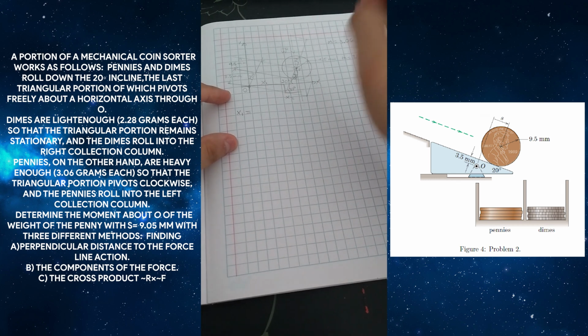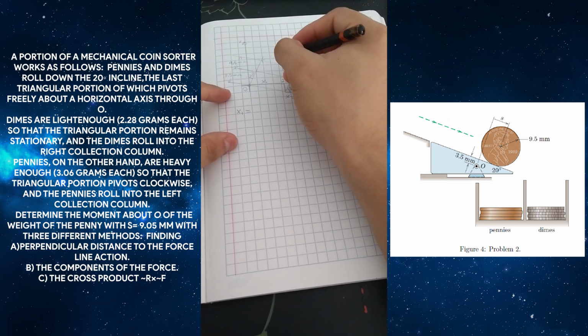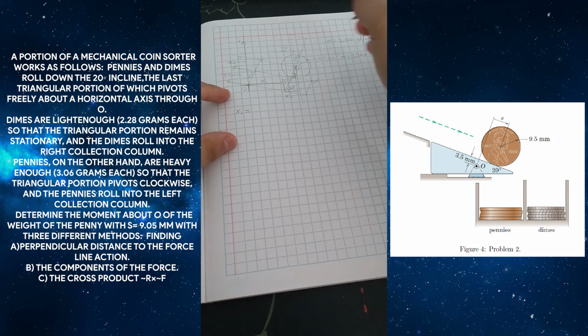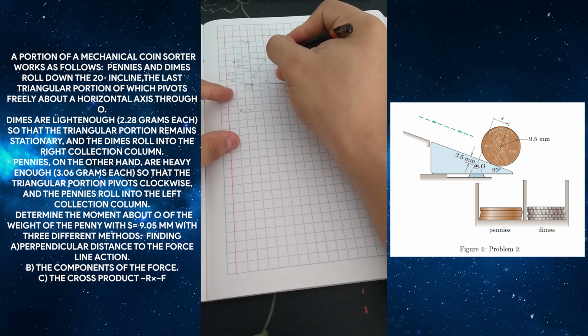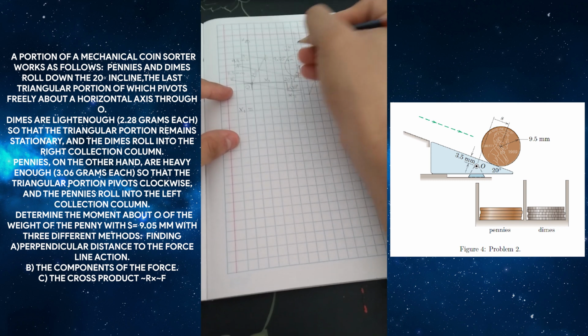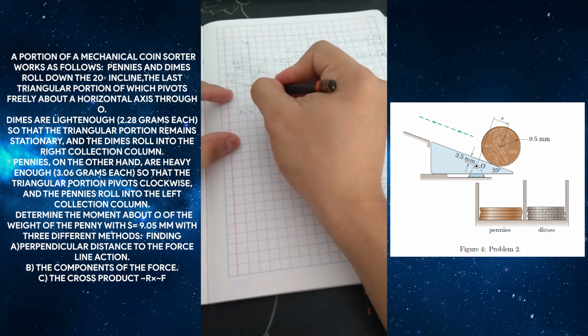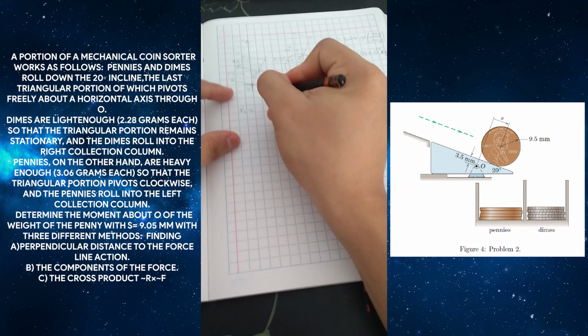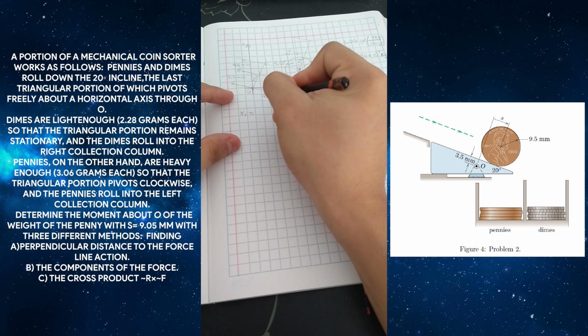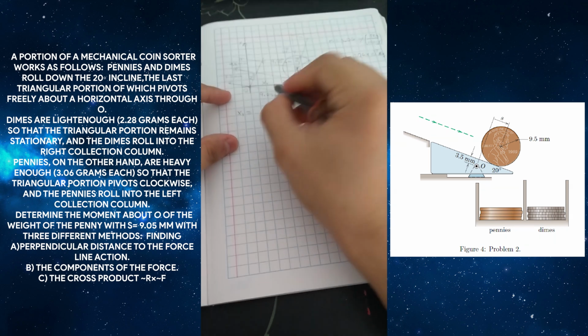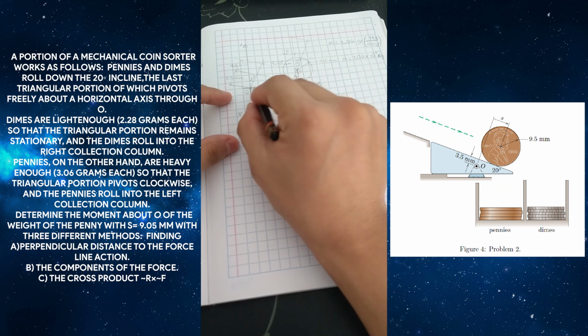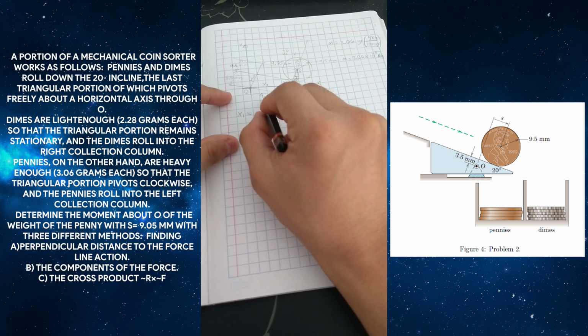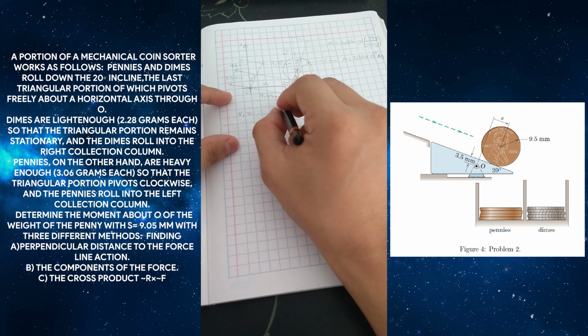This is the distance S, that is 9.05 millimeters, so as we can see, the hypotenuse of this triangle is 9.05 millimeters.